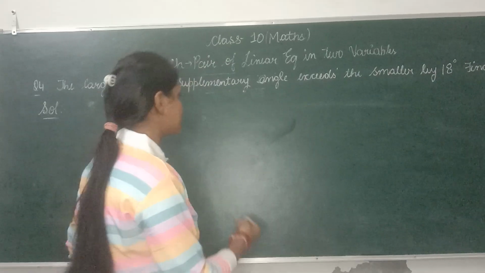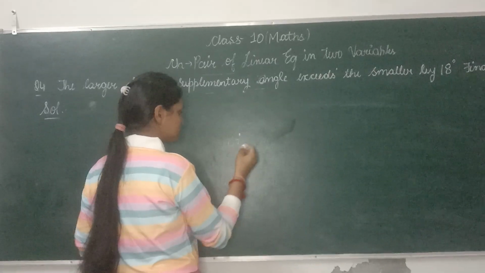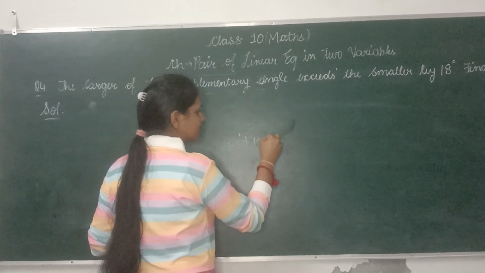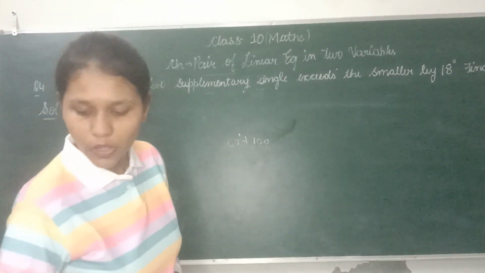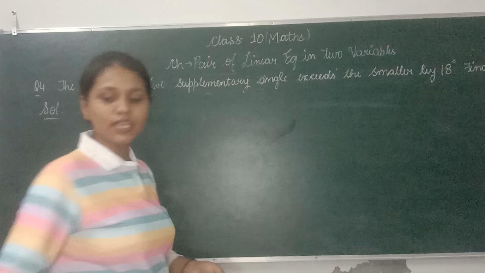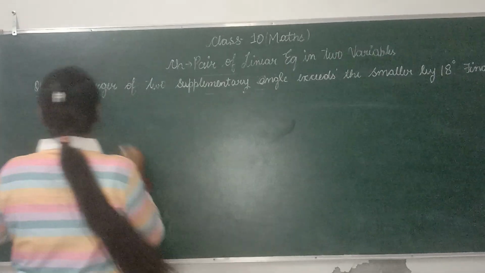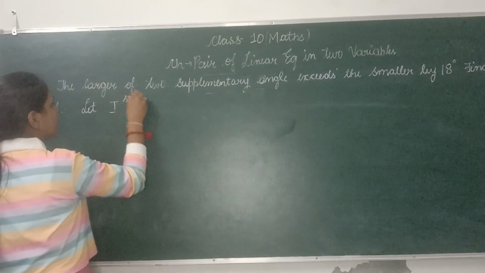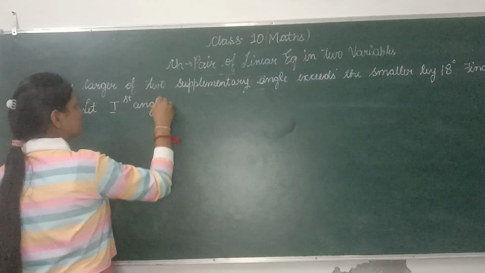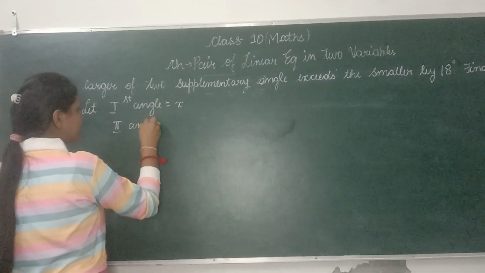So it may be 80 plus 100 degrees. One angle is larger, one is smaller. It may be of the form, but you are not given here which angle is which. So let us suppose first angle be x and second angle be y.